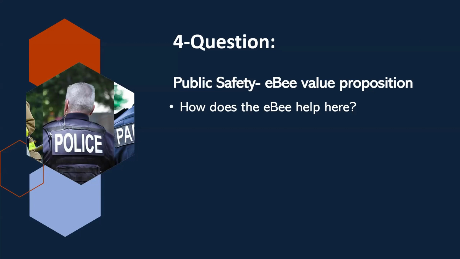Yeah, sure. eBee really is a safety-first option. If the customer is going to be doing a lot of work in highly populated areas, that would be a good place to start. In the case of Australia, you've got two different pathways: for civil applications, pathway 2, and for commercial operations, pathway 3.